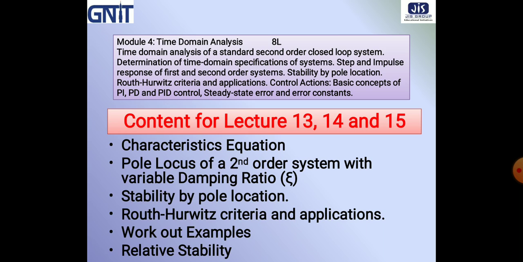And in today's 13th lecture, we will discuss characteristics equation, pole locus of a second order system with variable damping ratio, that is zeta, and stability by pole allocation. These 3 points I will discuss in this particular lecture.